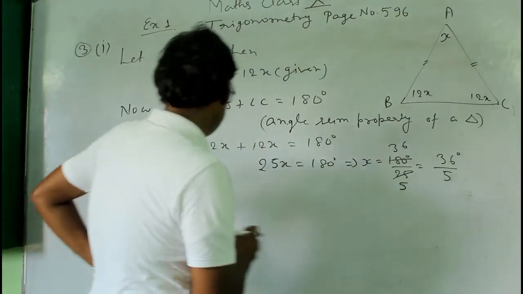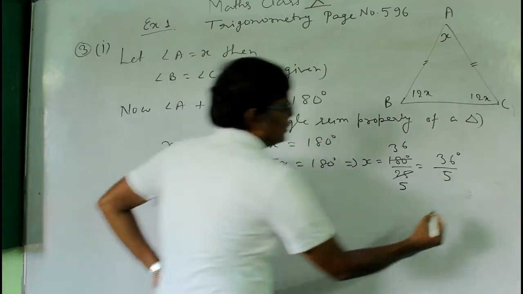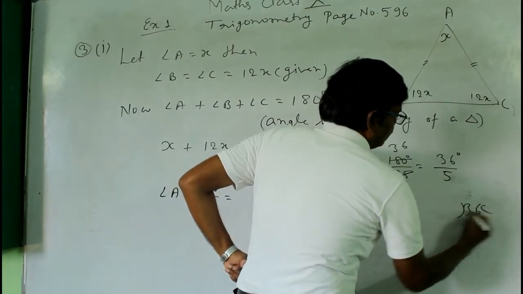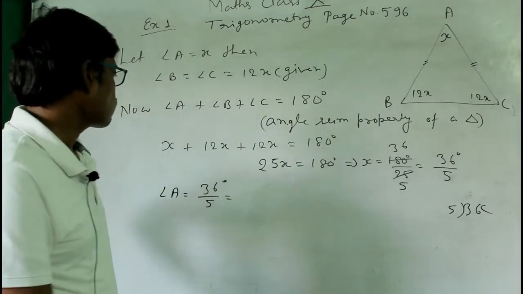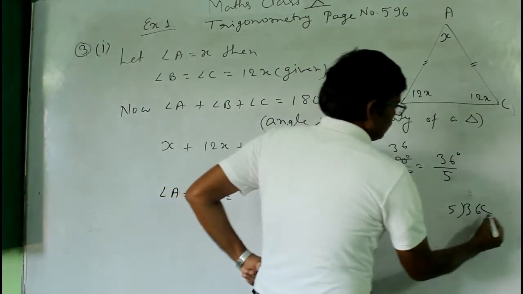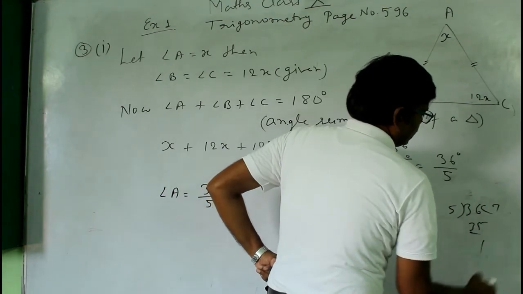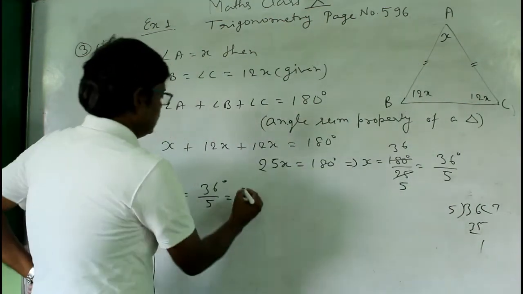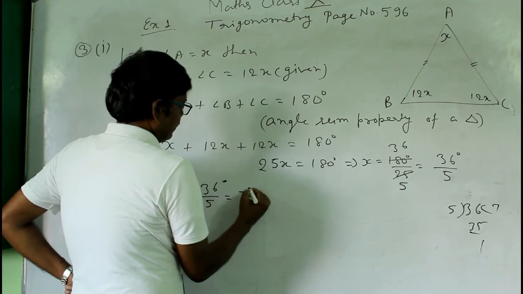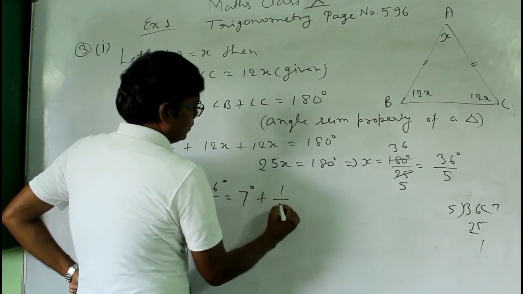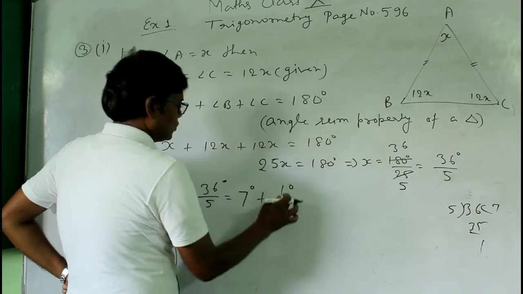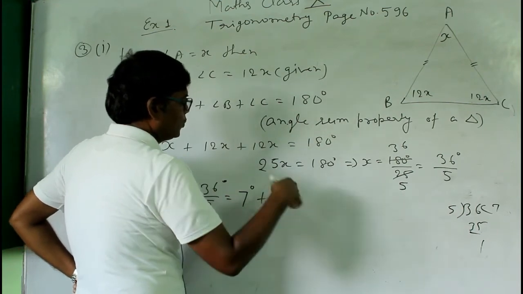When you divide 36 by 5, how much do you get? 5 sevens are 35, then 1 remains. So it will be 7 degrees plus 1 by 5 degree. We have to convert this into minutes.